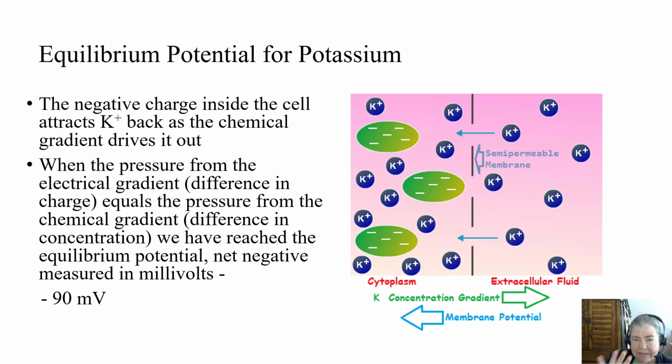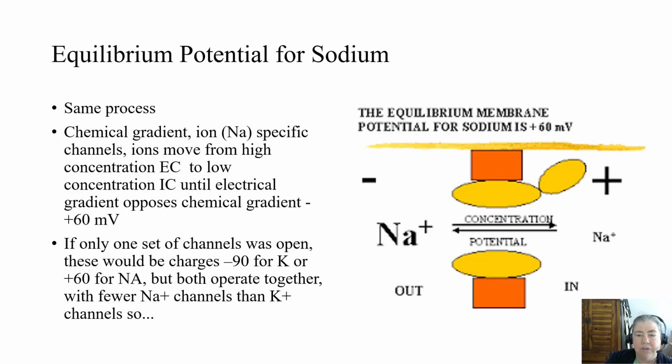So everything's kind of working to balance. First, the sodium potassium ATPase, and then the potassium channels through which potassium is moving in both directions. And when the concentration gradient and the electrical gradient balance, you've reached the equilibrium potential, which is approximately minus 90 millivolts.